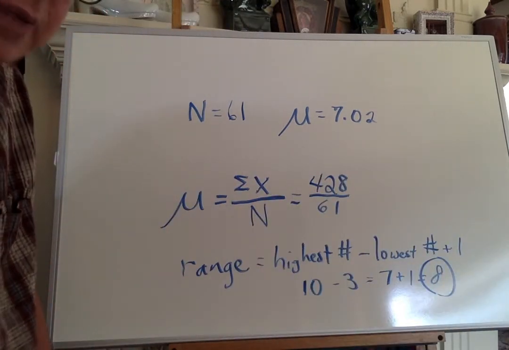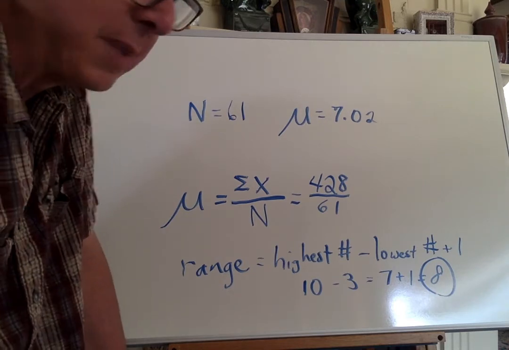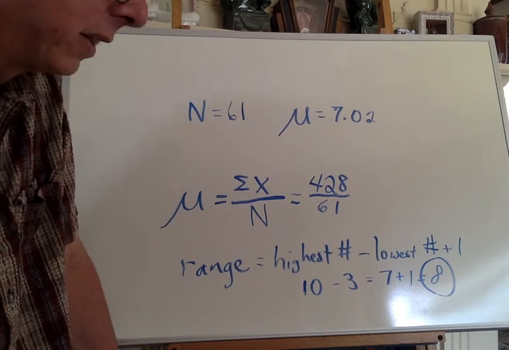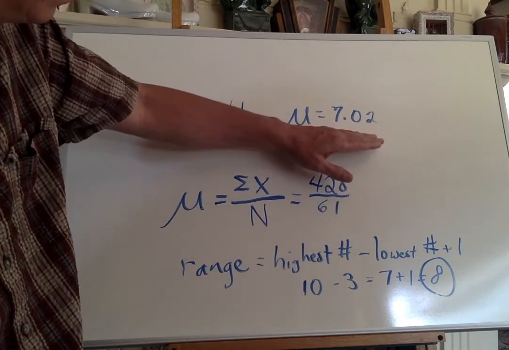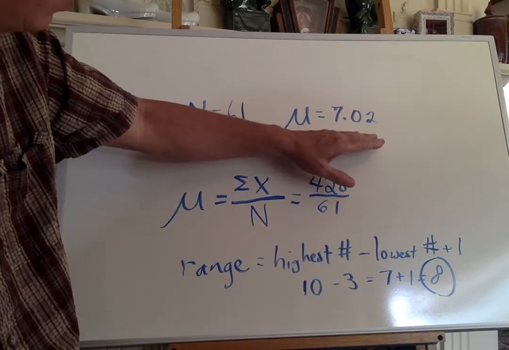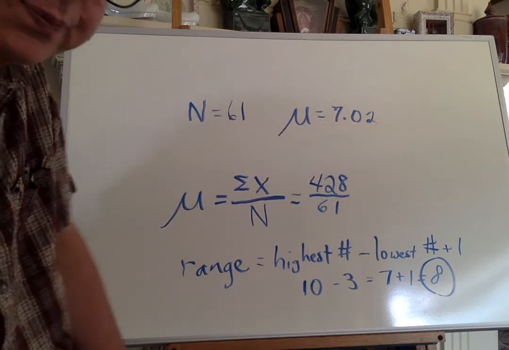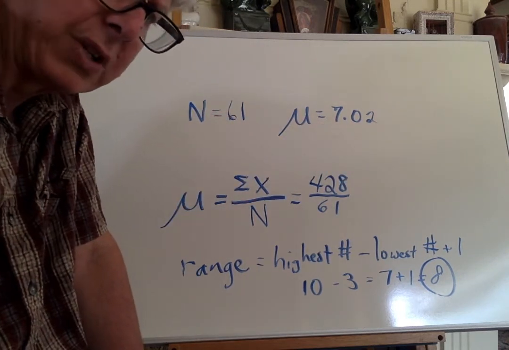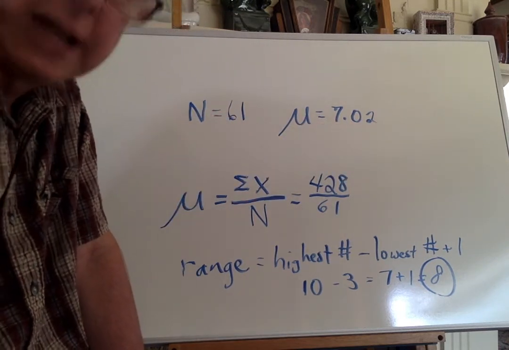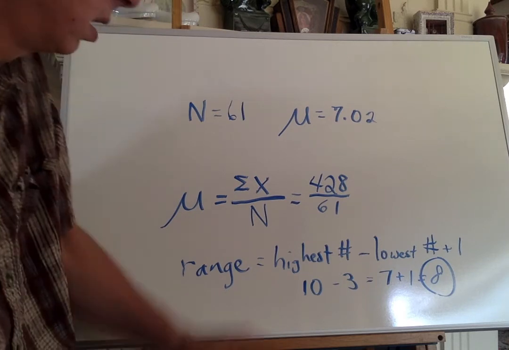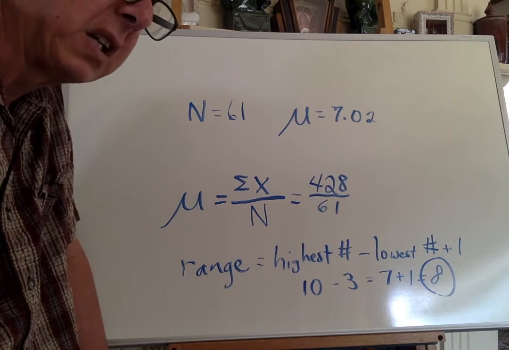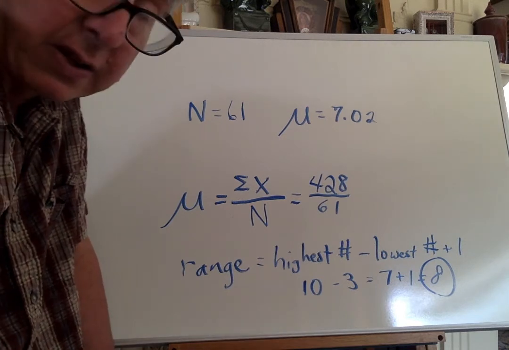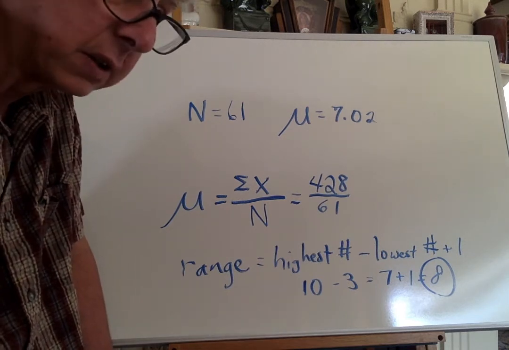Now, BFD, right? Big fat deal. I mean, what does that tell us? Well, listen. For our data set, could we have gotten a mean of 7 if all the numbers were between 7 and 8? The answer is yes. Could we have gotten a mean of 7.02 if all the numbers were between, let's say, 5 and 8? The answer is yeah.